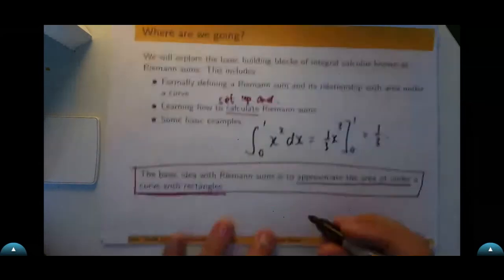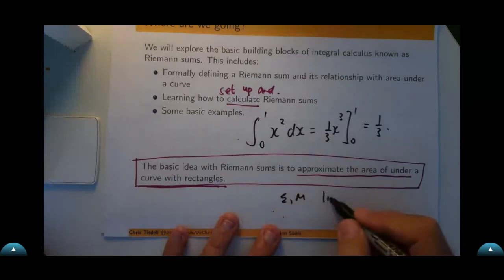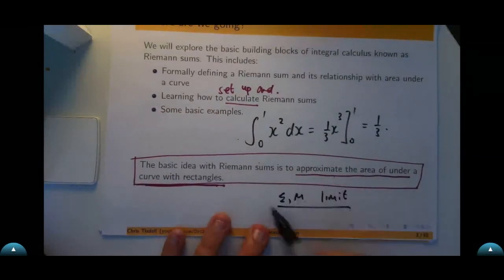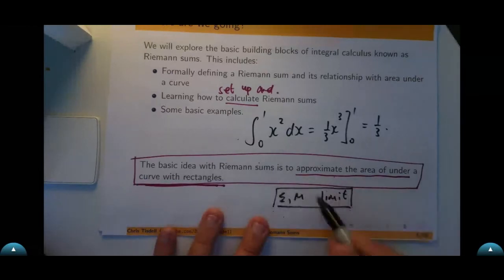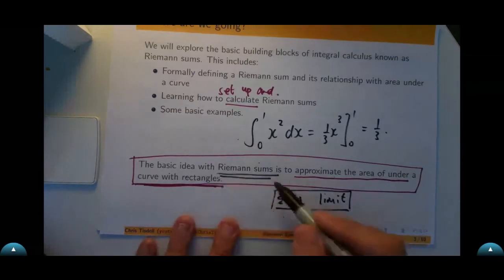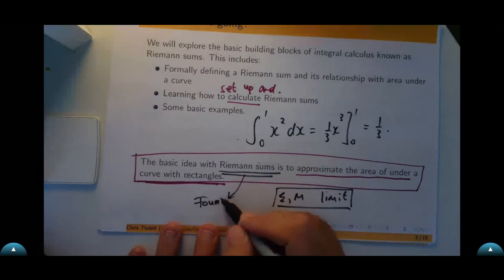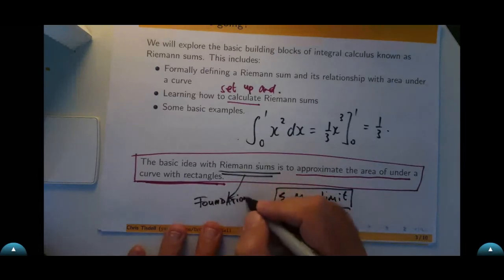It's very similar to the epsilon-delta definition of a limit, right? You wouldn't use this every time you're computing a limit. You would just do it. But this is like the foundation for limits, right? And Riemann sums are the foundation for integration. Does that make sense?